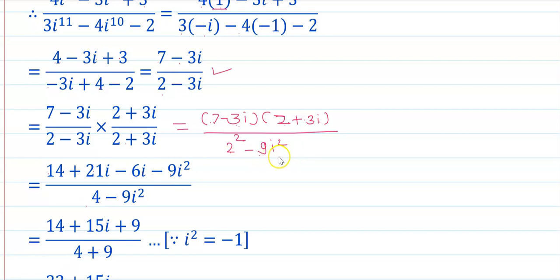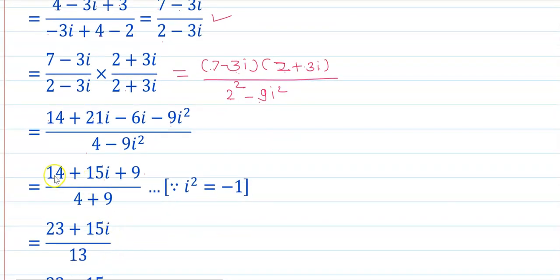And that minus and minus will become plus. 4 plus 9. Here is 14. 21i minus 6i, you are getting 15i. 9 into i square is minus 1. Minus 9 into minus 1, you are getting plus 9. 14 plus 9, 23, plus 15i, 4 plus 9, 13.